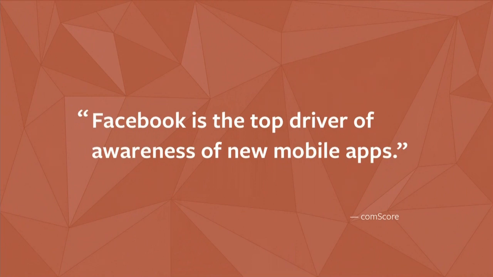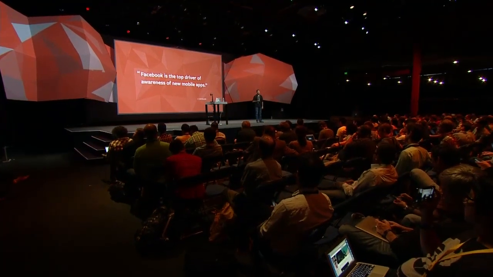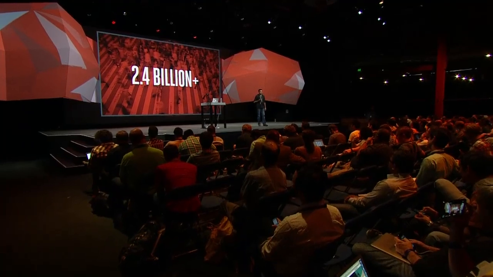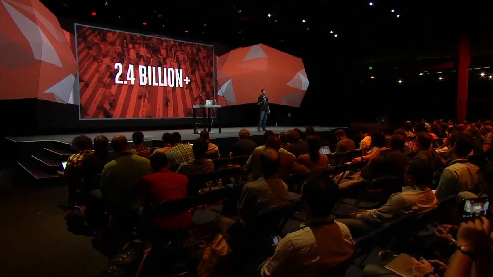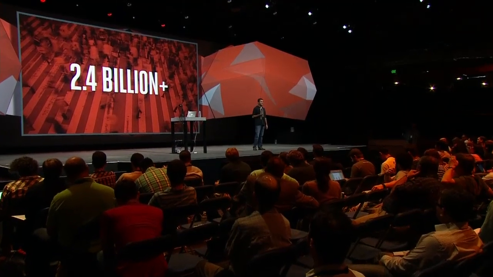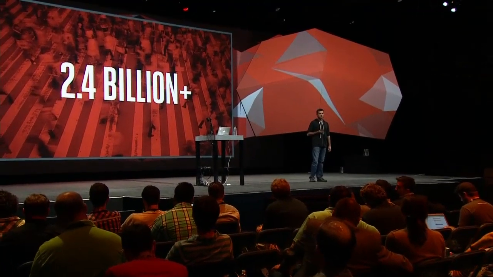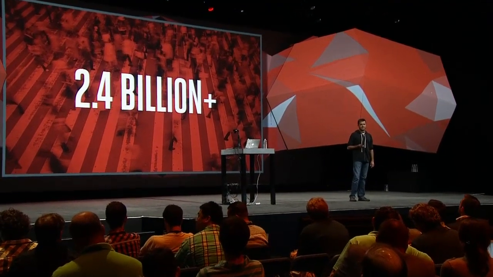As you all know, Facebook is the primary source of discovery for mobile apps. So you might ask, how much of this is related to linking? Let me show you something that might help answer this. Every week, the Facebook apps send in excess of 2.4 billion link clicks just from newsfeed on iOS and Android. 2.4 billion link clicks.